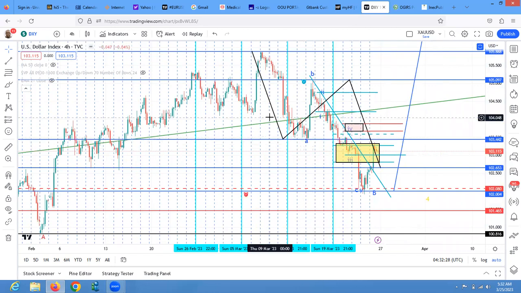unlike what Euro USD did, this was still a perfect structure, because in the Euro USD, this B came down, broke the top, but it broke the bottom. So this one still worked perfectly, telling us, oh, this is A and this is B, which is within 61.8 or 76.